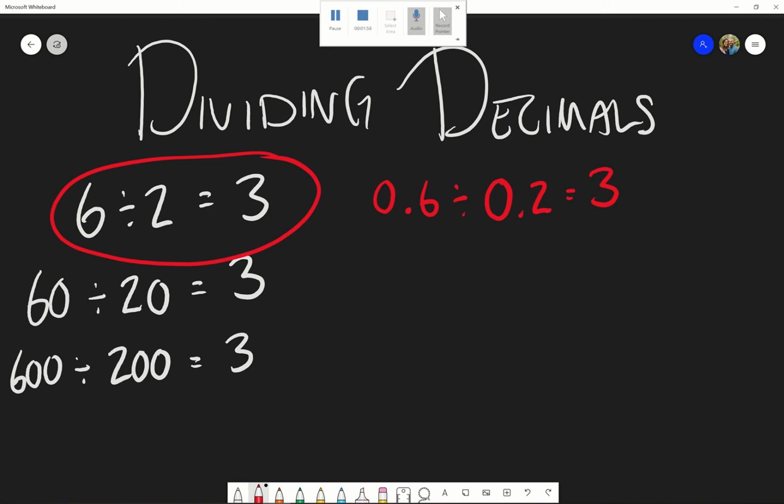Okay, so you can move your decimals. When you're dividing, you can move your decimal points as long as you move them both the same distance on both numbers. I have to move my decimal points the same number of places in order to keep my answer the same.